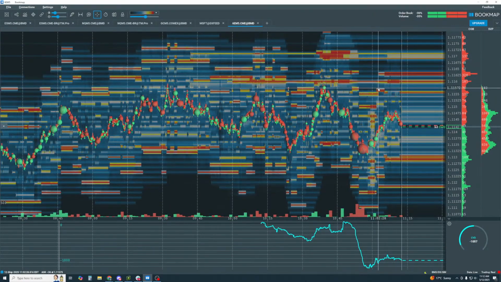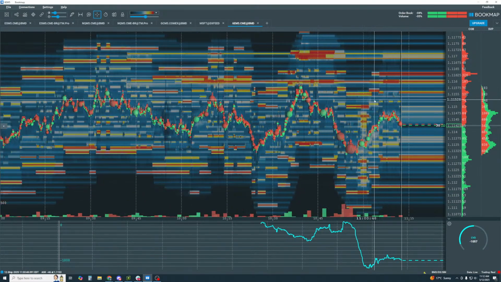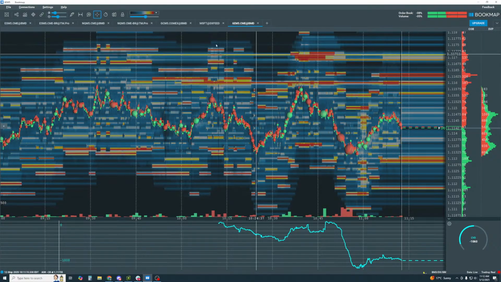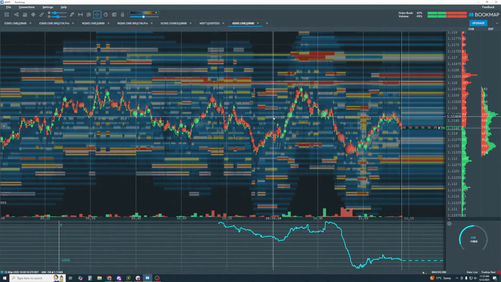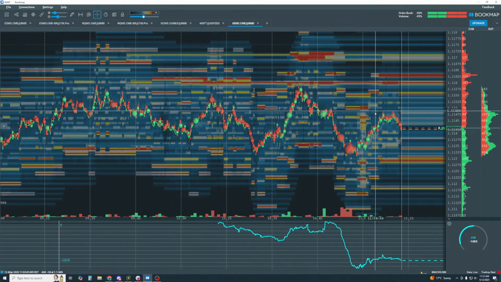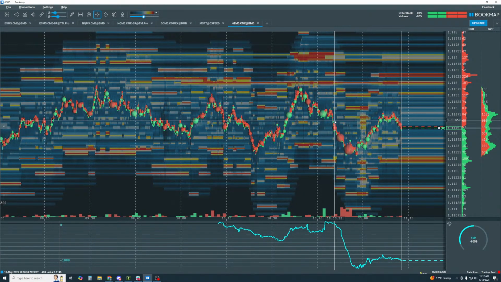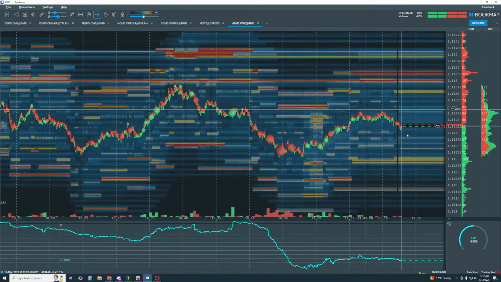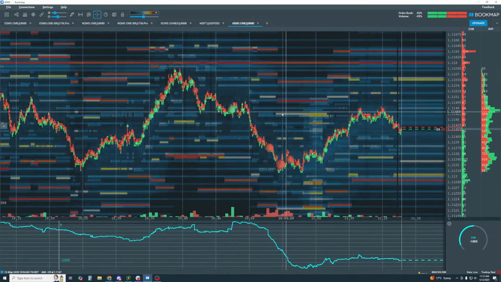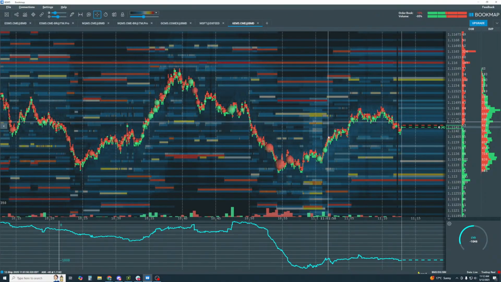Now this is where it gets really fascinating, I feel, looking at the data here in the currencies with the euro dollar. Look at the liquidity in here, very high liquidity, very short period, and then it's pulled.